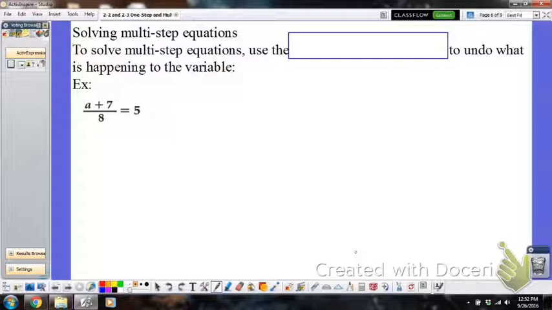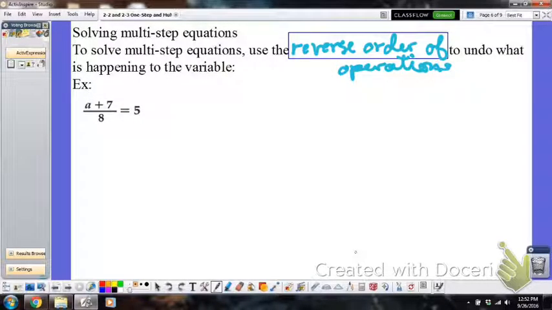To solve multi-step equations, use the reverse order of operations to undo what is happening to the variable.